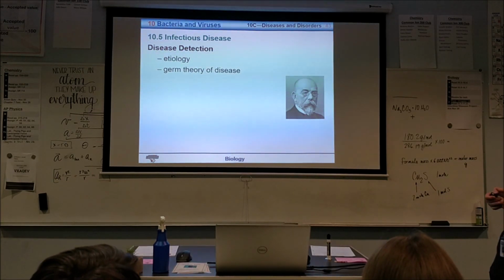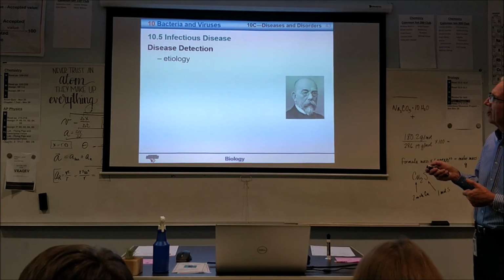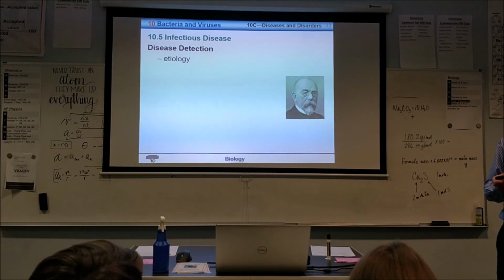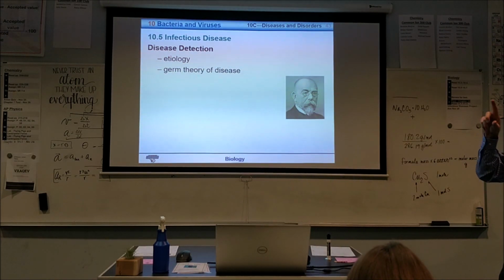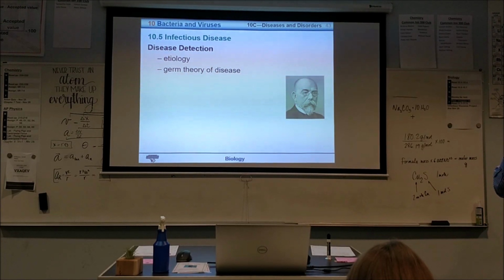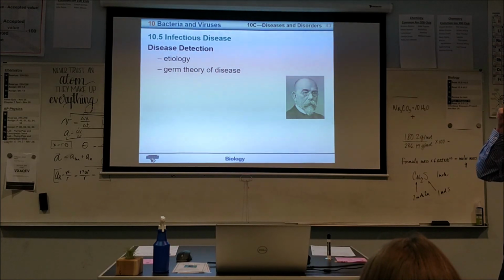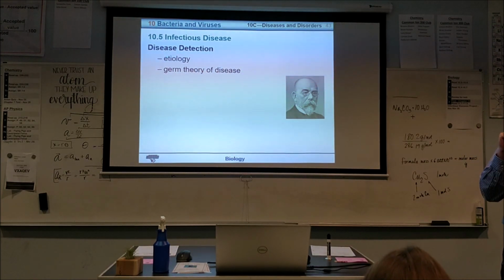Anyway, he came up with etymology, or not etymology, etiology. And the other thing about disease detection is germ theory. How do diseases spread using germs? Now, germs is just a real generic term. It could be bacteria, could be viruses, could be whatever that's causing that.